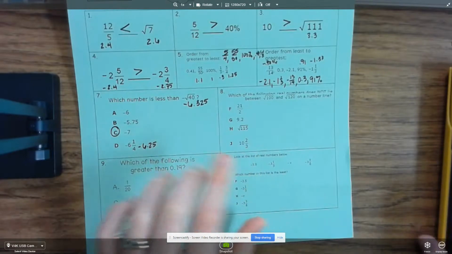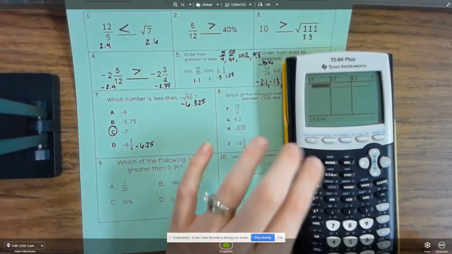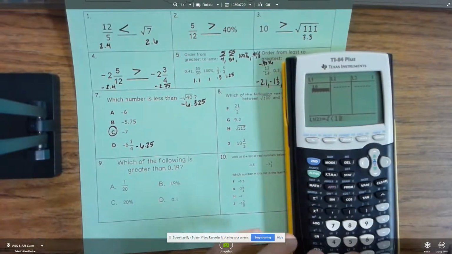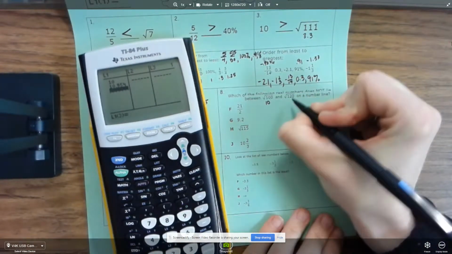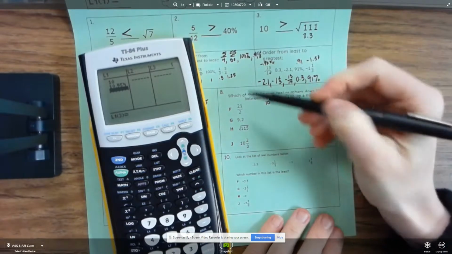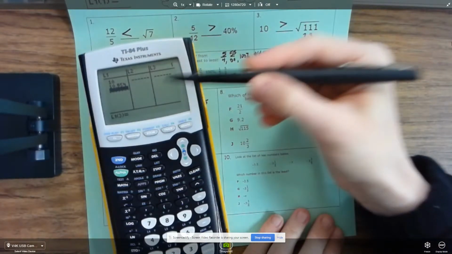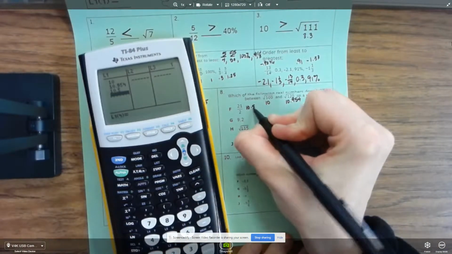All right, which of the following real numbers does not lie between the square root of 100 and the square root of 120? Same way with this one. The square root of 100 is 10, and this one is 10.954. What I need to do is sort them and see which one does not fall in between those two on the list. So 21 divided by 2 is 10.5.